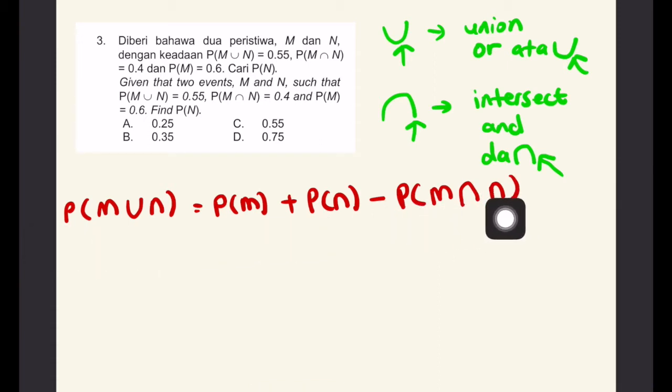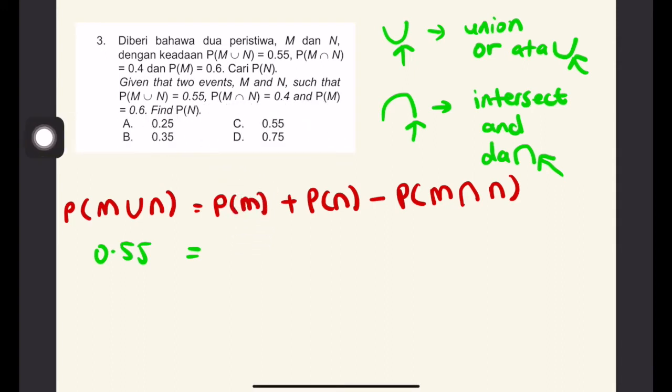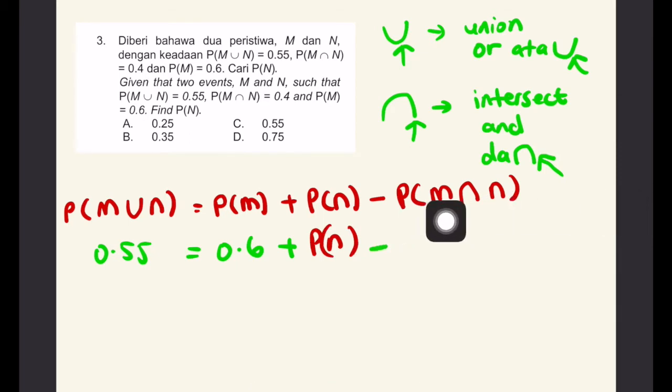Okay, so next kita masuk ke value yang ada. So P(M∪N) is 0.55. So kita ada 0.55. P(M) is berapa? P(M) is 0.6 plus P(N) yang kita nak cari kan, P(N), minus P(M intersect N) is 0.4.